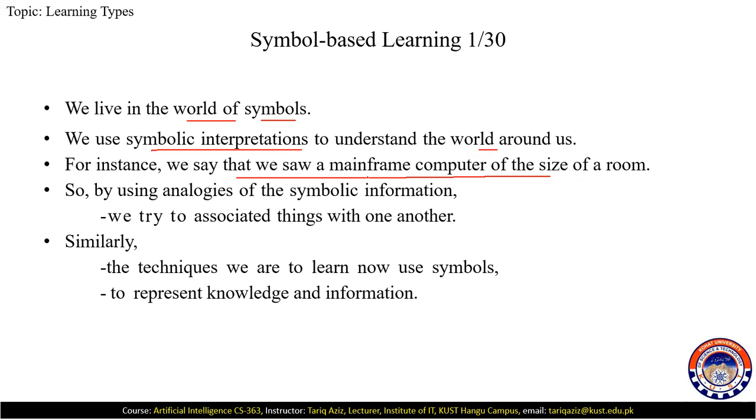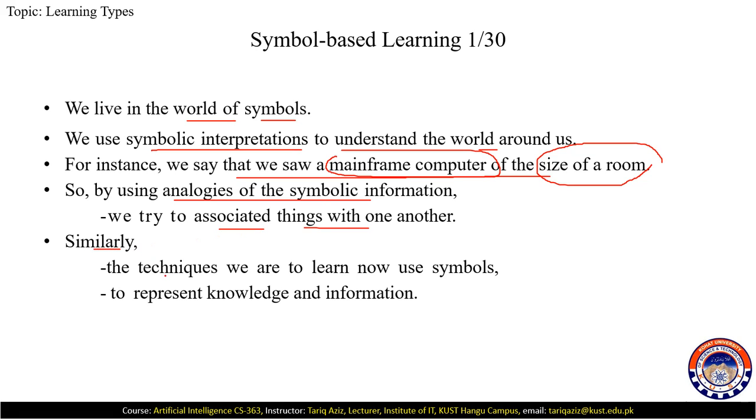By using analogies of symbolic information, we are trying to associate things with one another. In this case, we associate the size of the mainframe computer with the size of a room. So basically, we are performing symbolic representation.